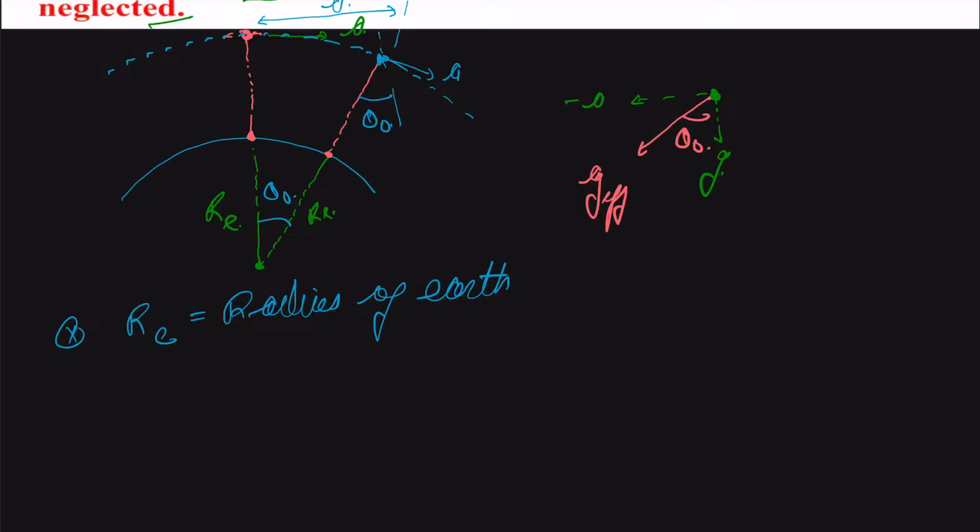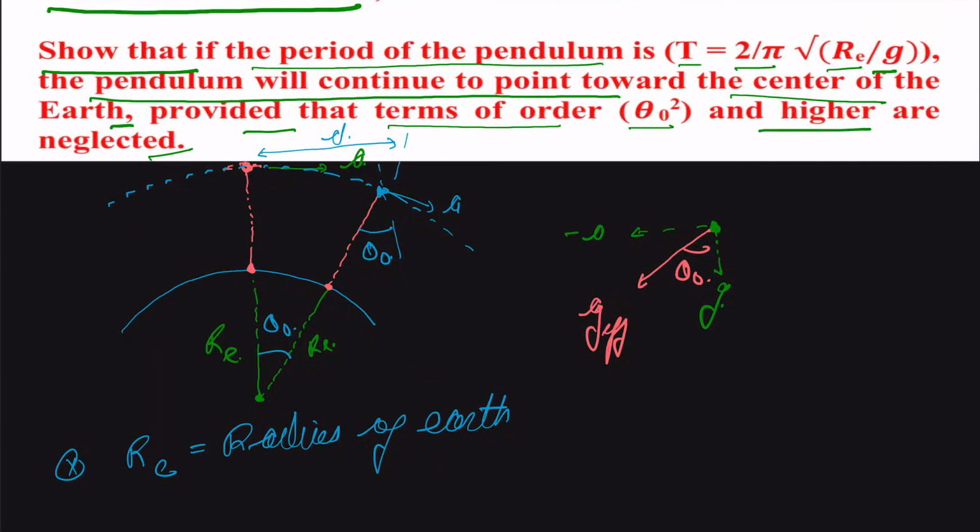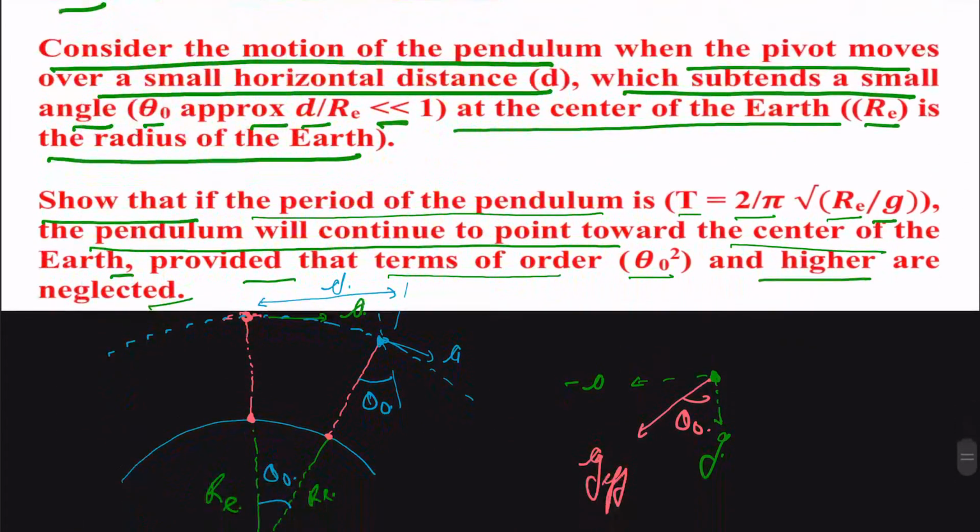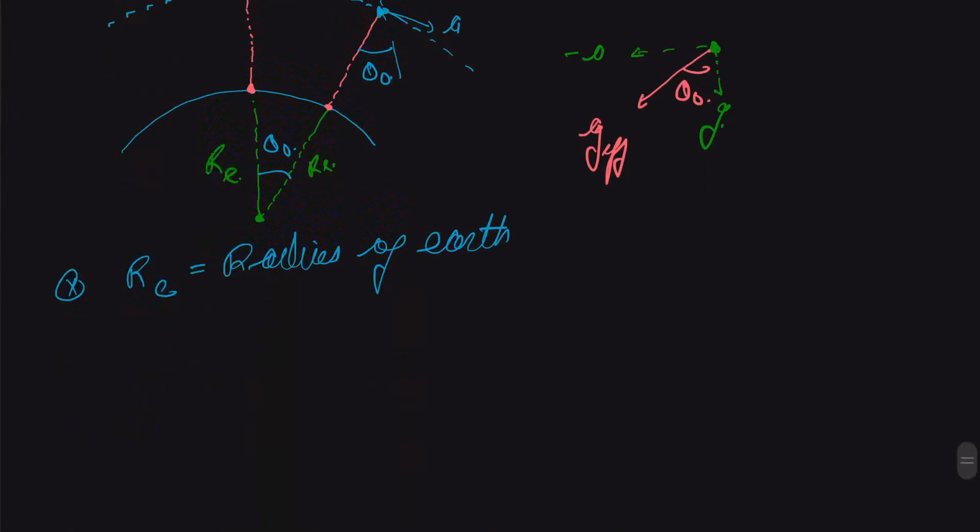and it is also given that the horizontal displacement, that is d upon Re, is very much less than 1, or we can say that d is very much smaller than Re. Okay, so this we can draw from here.